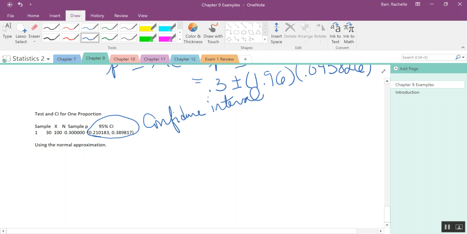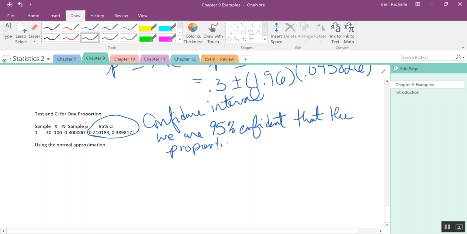So if we were to appropriately write an answer for this, we would say we are 95% confident that the proportion of all customers who are first time is between 21.12% and 38.98%.